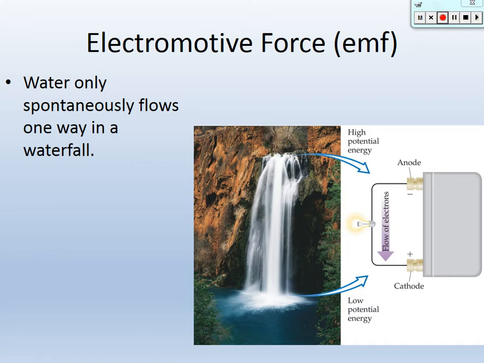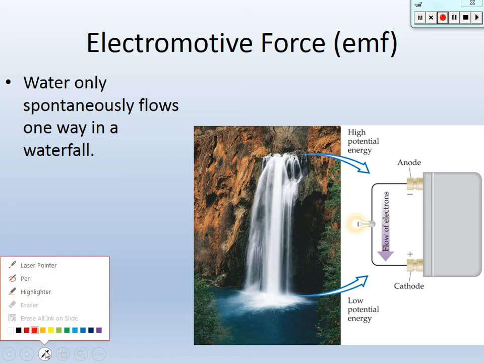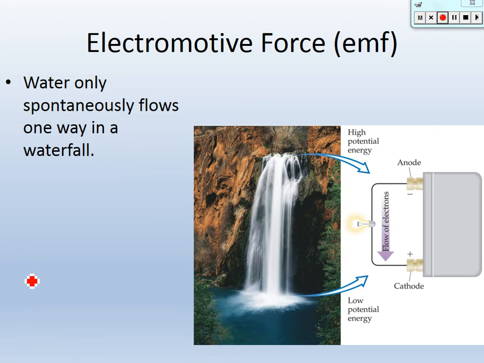I want to start today with an analogy of water and how it relates to electrons. This picture shows a waterfall, and water only spontaneously flows in one direction. The water spontaneously falls off of this waterfall, spontaneously meaning that it happens on its own. We don't have to do anything. The water naturally just falls downhill.